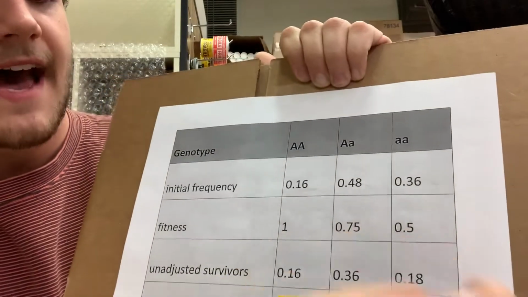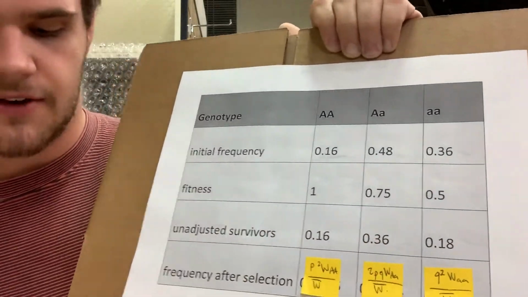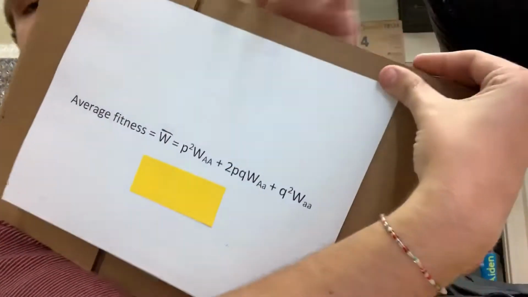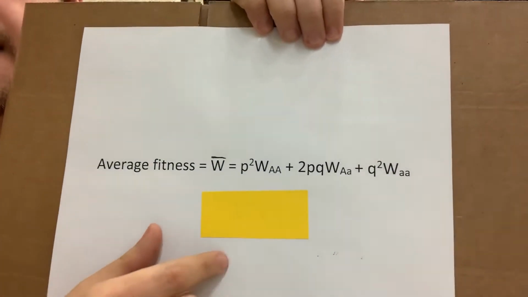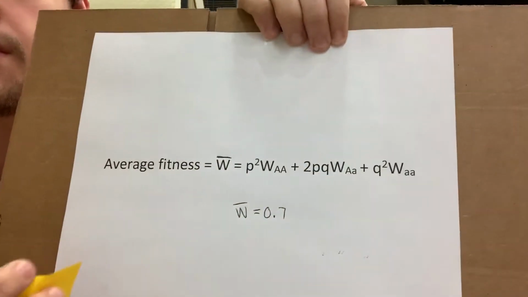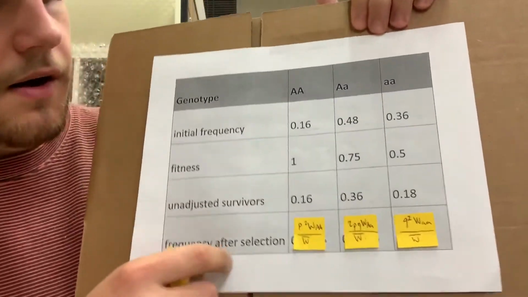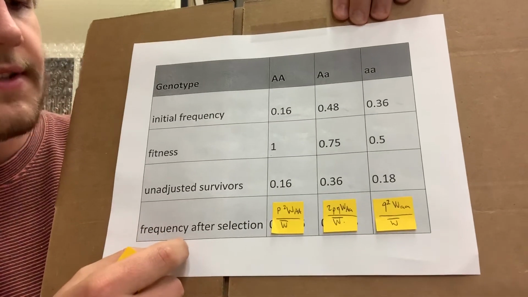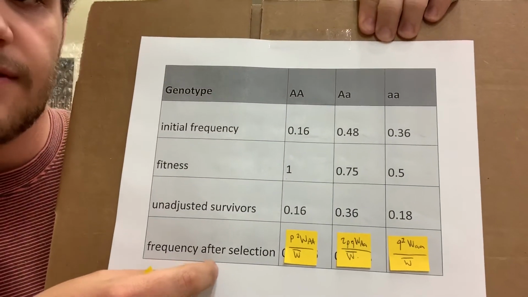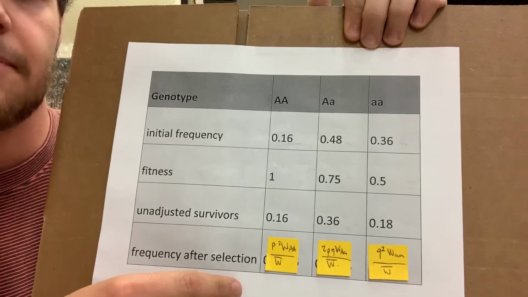Now that we have that, we add these 3 values together to get our average fitness. And average fitness, for this specific example, is going to be 0.7. Now, average fitness comes in handy because it's how we actually get to our frequency of each genotype after selection happens.